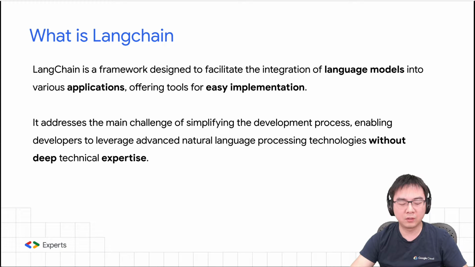Okay, what is Langchain? Langchain is a framework designed to facilitate the integration of language models into various applications, offering tools for easy implementation. Think of it as a way that you can glue a lot of things together, to enable you to populate data into, such as today, a vector database, integrate with different kinds of APIs, and also perform search and then use the LLMs to present the results to users.